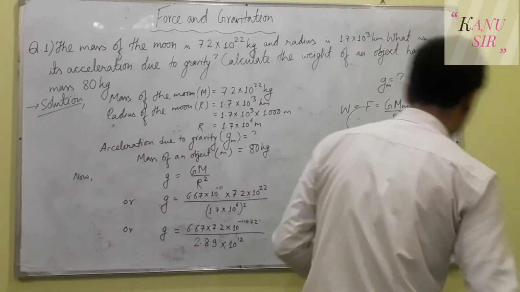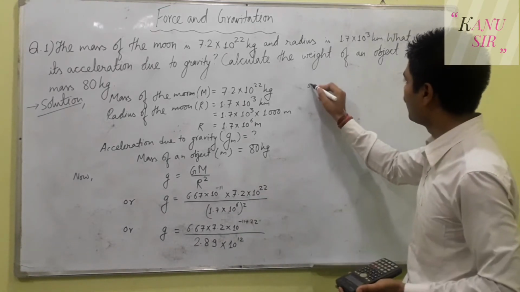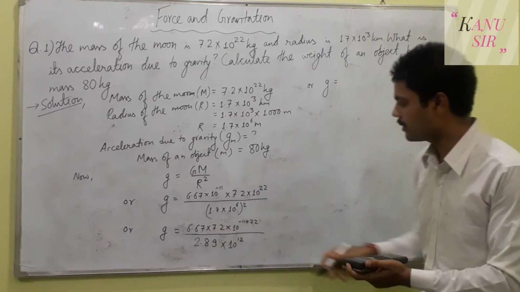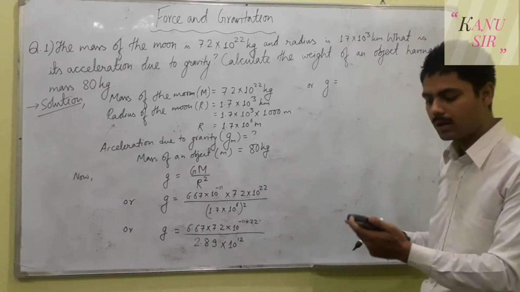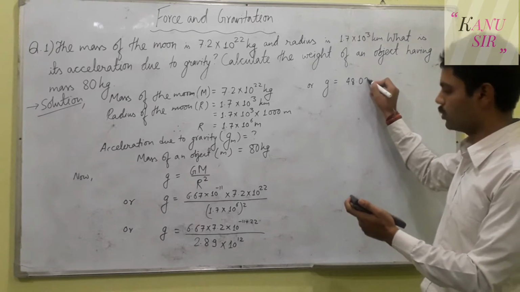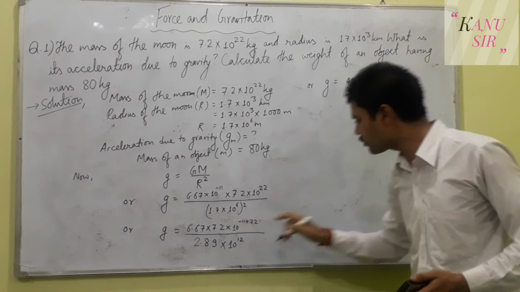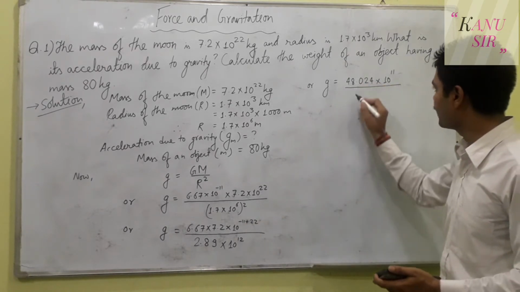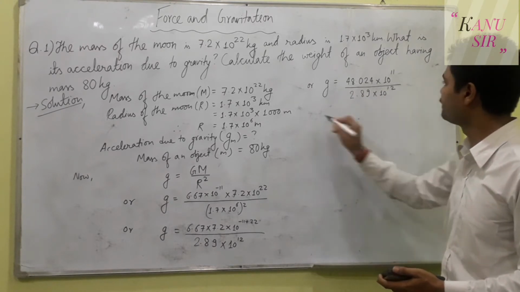Now I will do it here. We can continue, or g is equal to 6.67 into 7.2. You can multiply 6.67 into 7.2, you will get 48.024 into 10 to the power minus 11 plus 22 will be equal to plus 11, divided by 2.89 into 10 to the power 12.